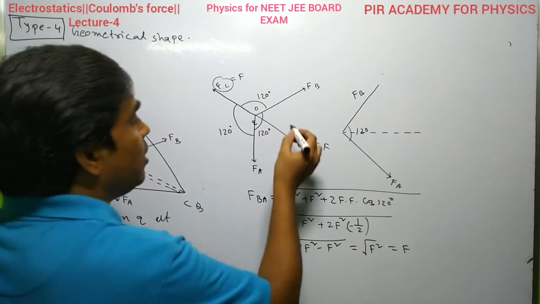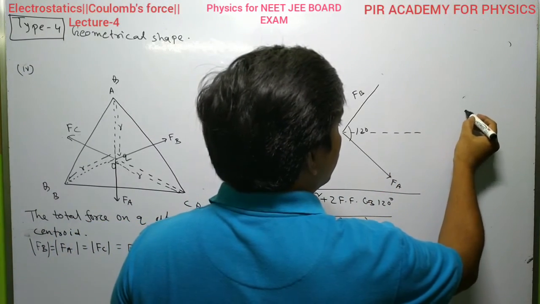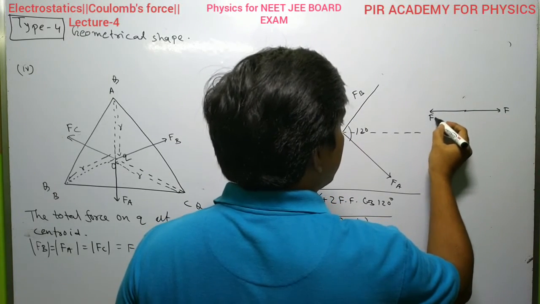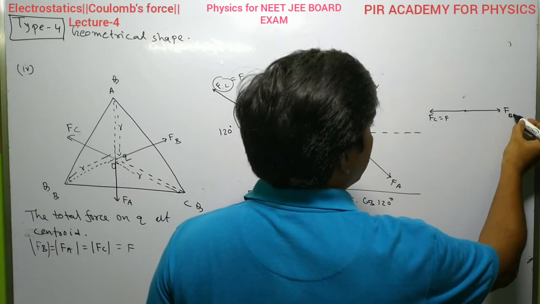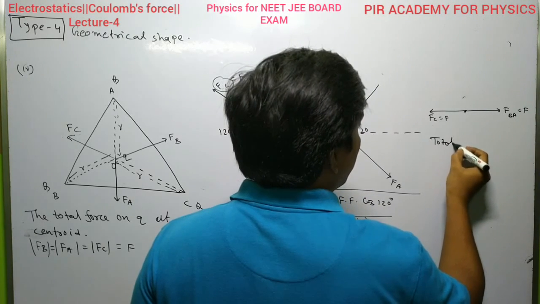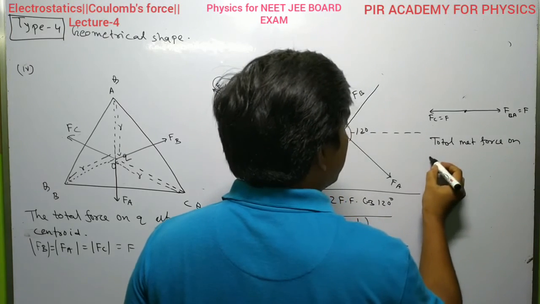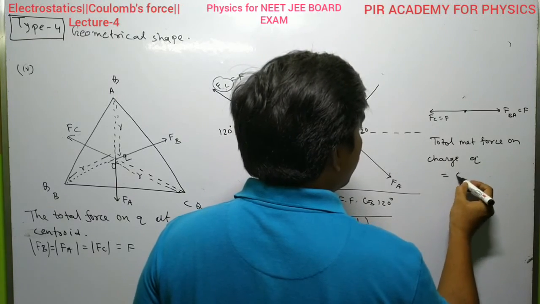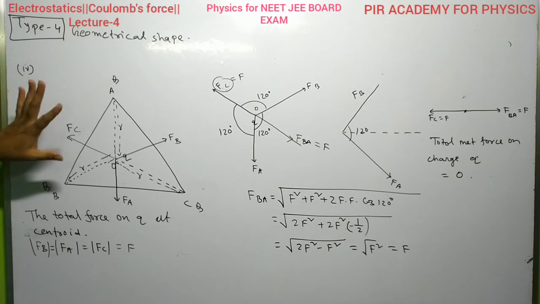So in this condition, suppose this is a charge q, the total force along this direction is FC, which is F, and FBA is also F. So the total net force on charge q equals 0.